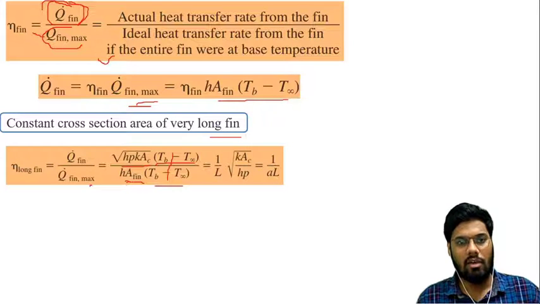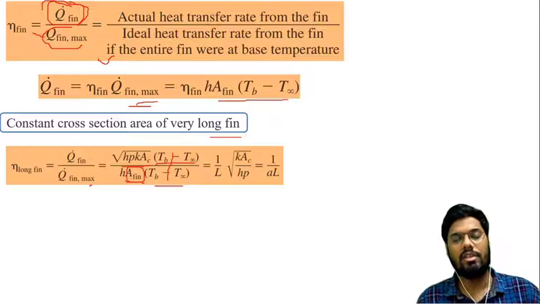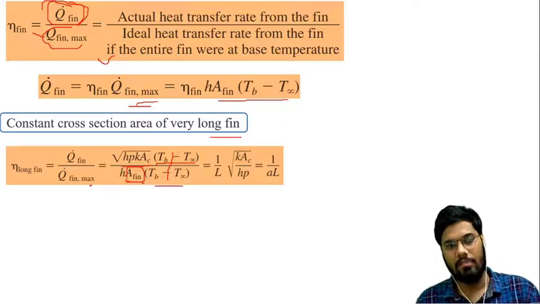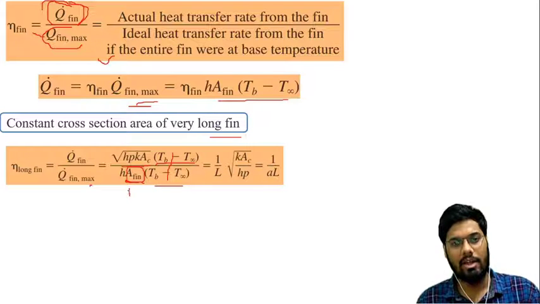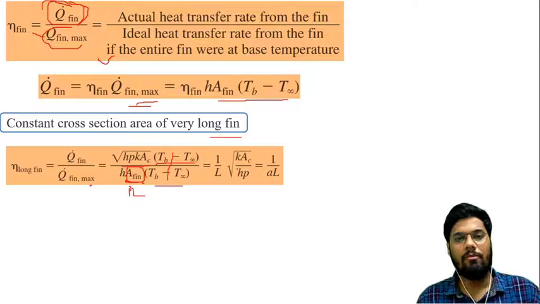The area is the total surface area of the fin available for convection, so it is perimeter times length. Instead of the area of the fin we can write perimeter times the total length of the fin. By simplifying this equation we will get 1 upon aL.